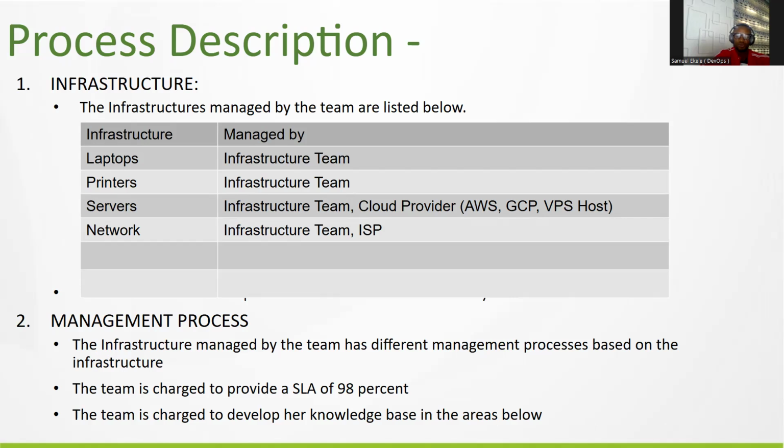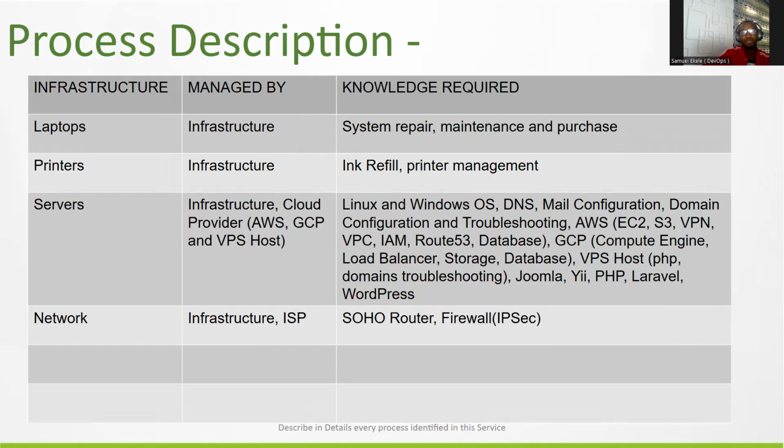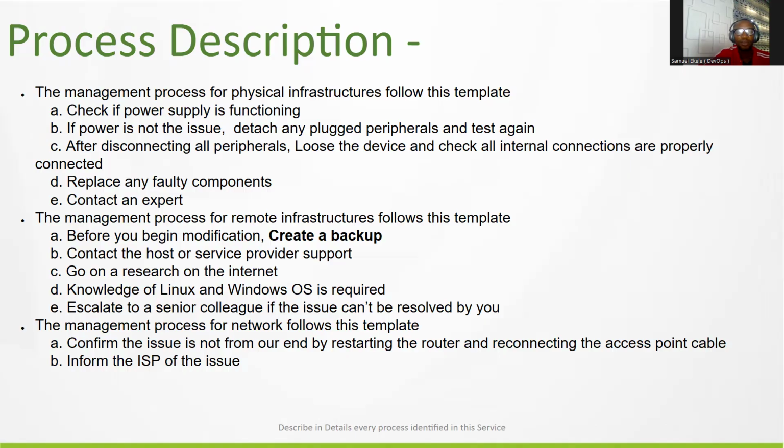When it comes to physical infrastructure management, we follow a structured process. First, we check if the power supply is functioning properly. If power isn't the issue, we disconnect all peripherals and test the device again.